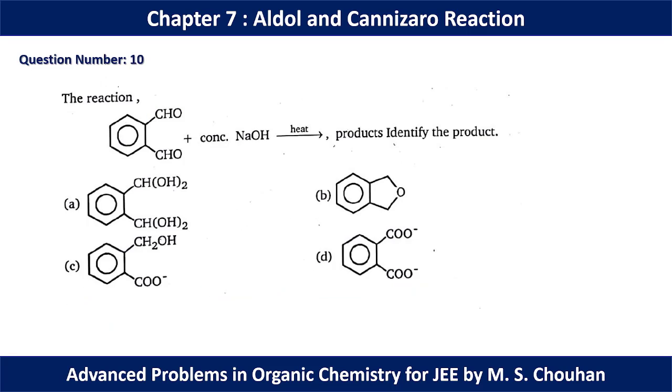In question number 10, this is the case of intramolecular Cannizzaro reaction where one aldehyde is going to be alcohol and another aldehyde group is going to form the salt of carboxylic acid by the reaction mechanism. So the reaction mechanism will look like this.